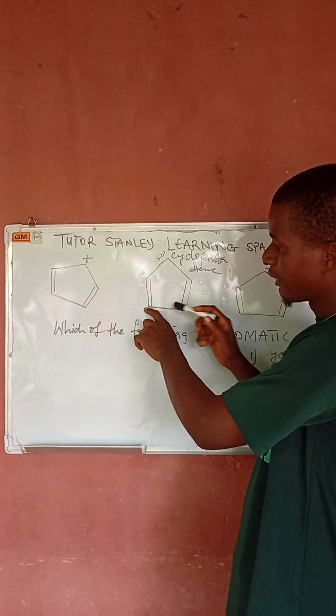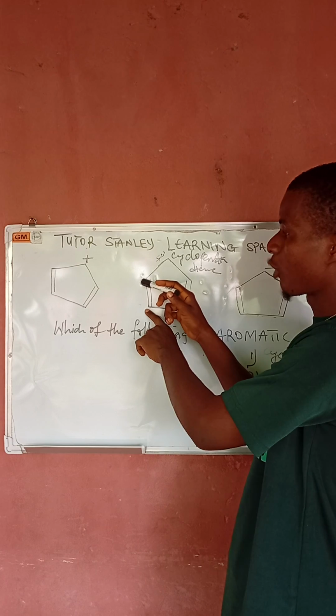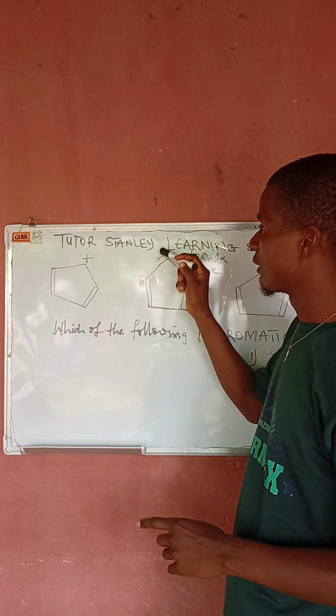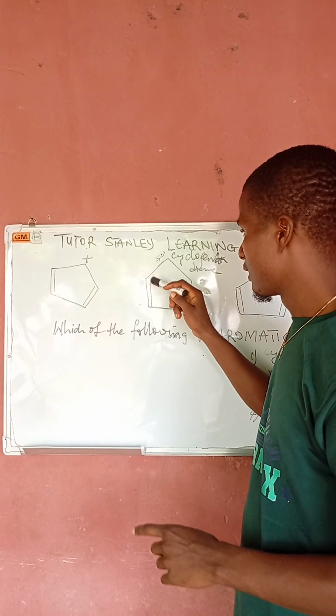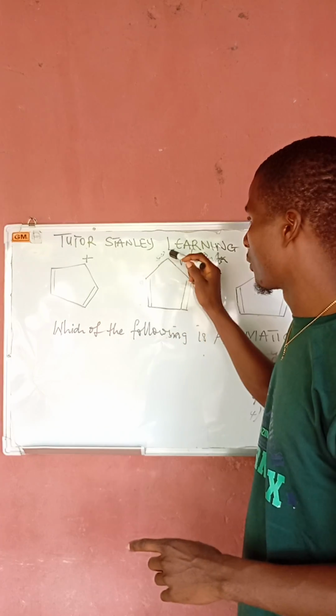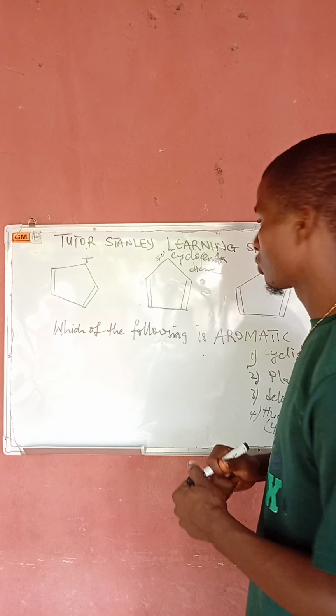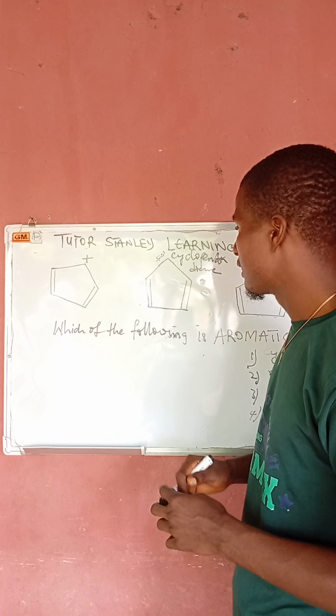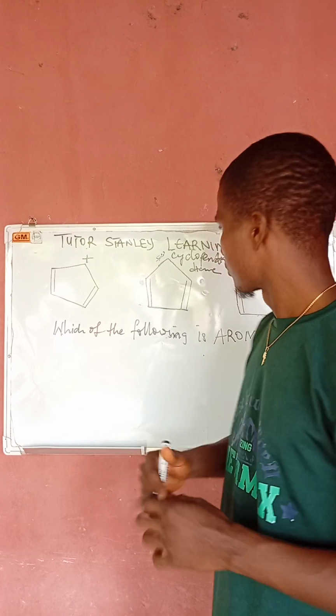The next carbon here, another double bond begins here, stopping here. So this 1, 2, 3, 4, if not that this one is sp3, it would have involved conjugation. But sp3 has destroyed it. So therefore it is not delocalized. Finally, we check for the Huckel number.